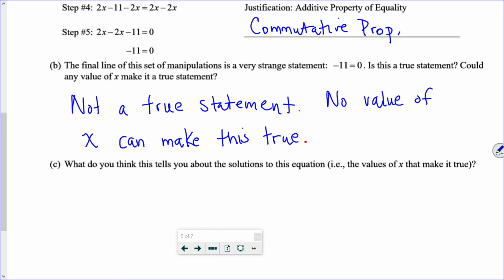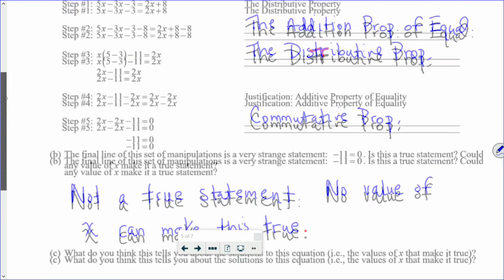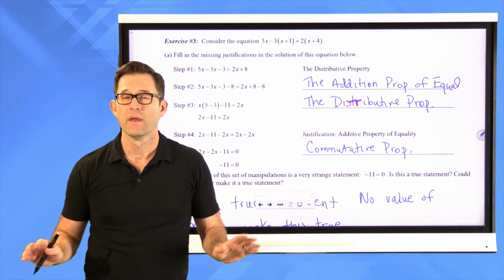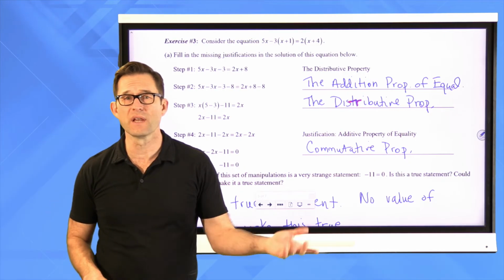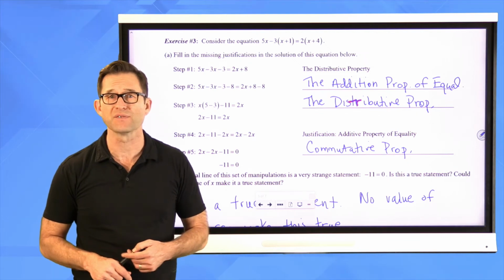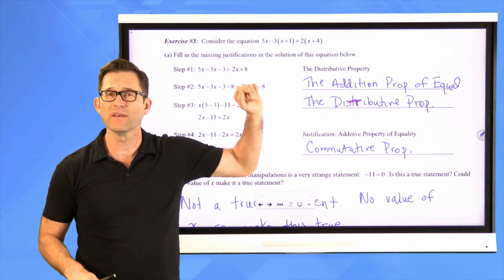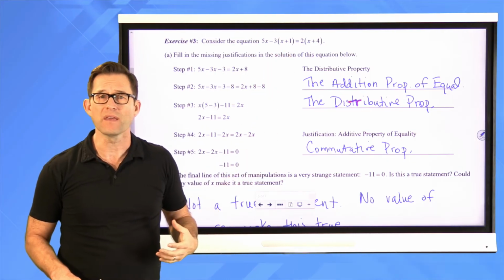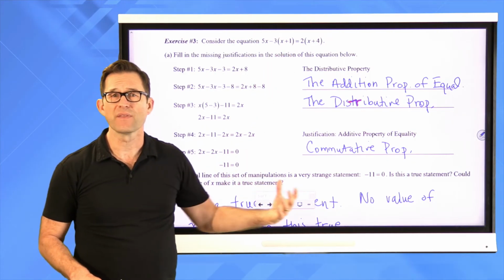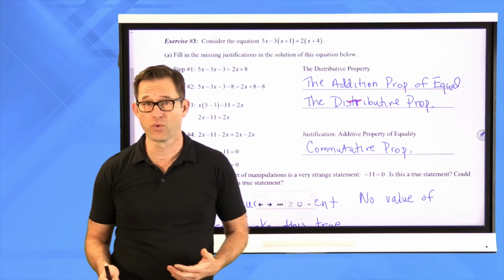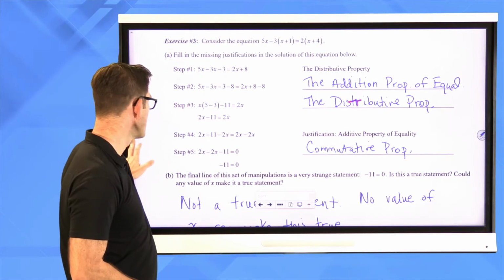And if you think about this, what I'm really getting at is, I could take any value of x I want. x equals 15, x equals negative 3, x equals 52, x equals pi, x equals 3/2. And if I substitute it into this equation and played around with it, ultimately I'm going to have something that looks like negative 11 equals 0. It's not going to make it true. There's no way it's going to make it true.